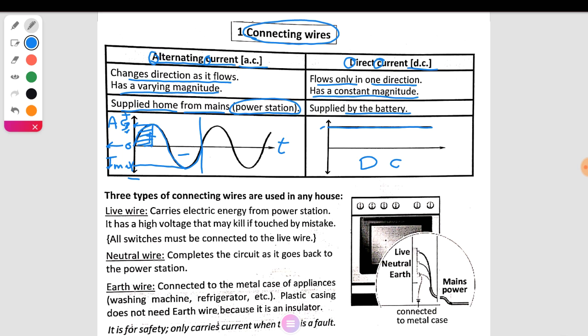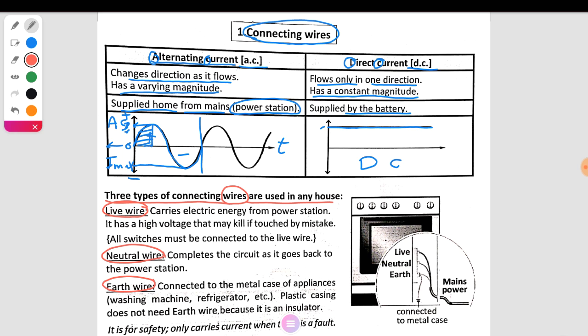The current is transferred through three types of connection of the wire. The three types of connection of the wire can be classified into: number one, live wire; number two, neutral wire; and number three, earth wire.